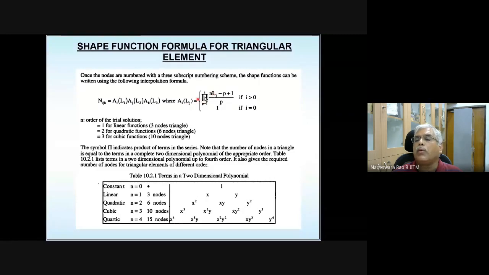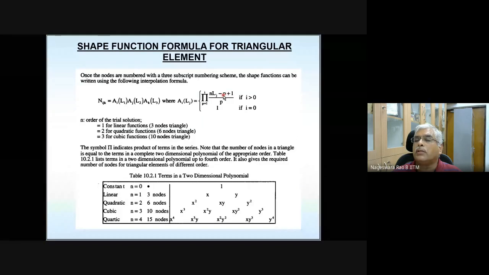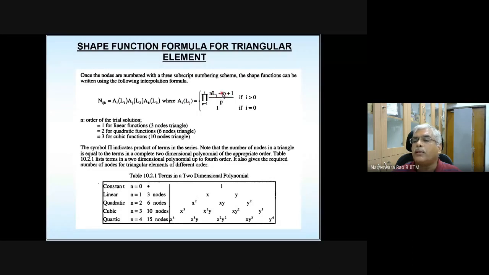And similar to what you have done for the first term, you can notice that if you substitute here, P goes from 1 to I, which is 1. And this is a 3-node triangular element, so N is equal to 1. J takes value 2, P is equal to -1. So -1 gets cancelled, and here in the denominator, you have 1. So this term is going to become L2.